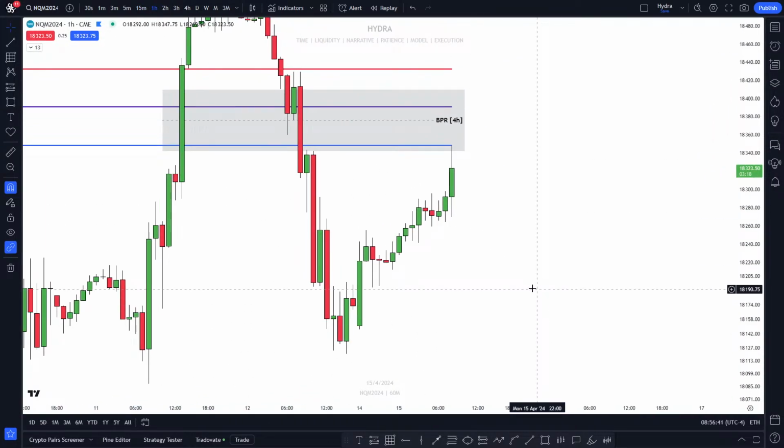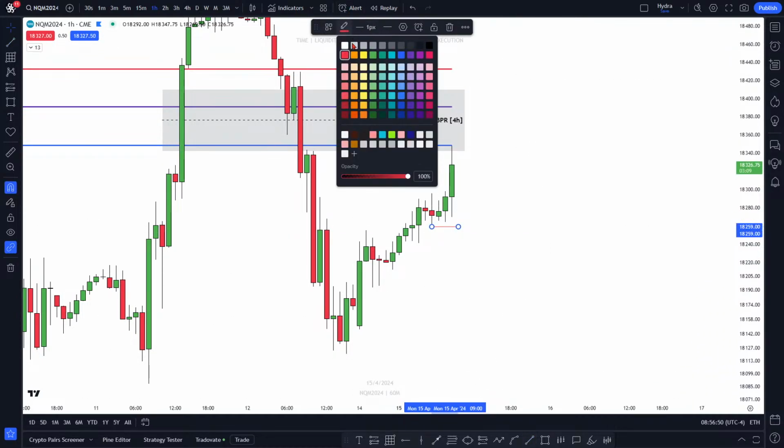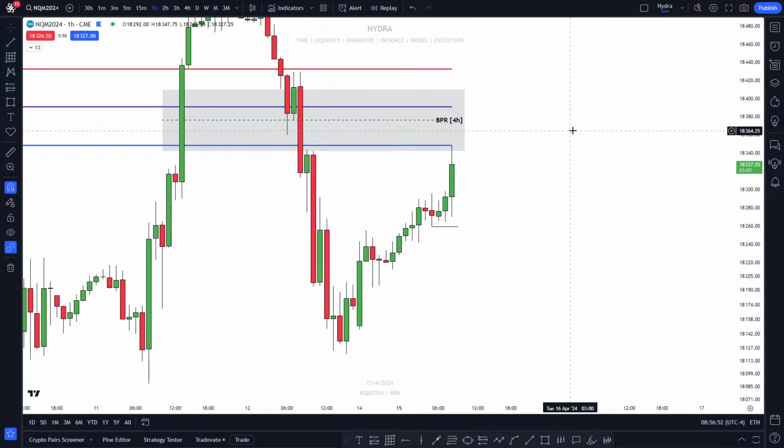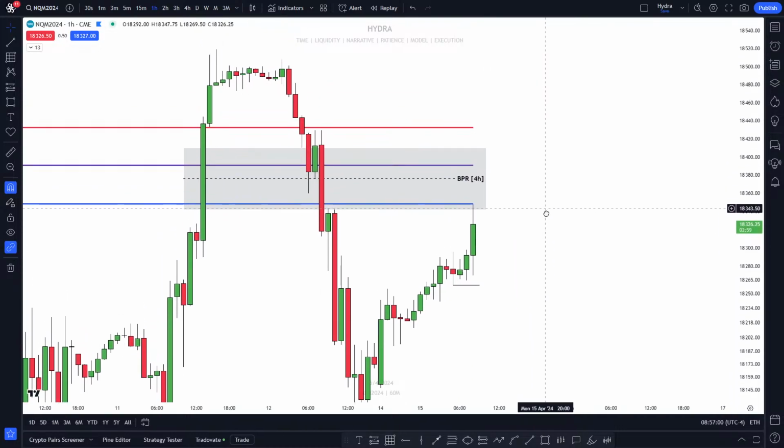Hourly chart, we can target this swing low if price is coming lower, showing willingness to reject. Yes, hourly CB is also coming inside the BPR, so that's looking good.